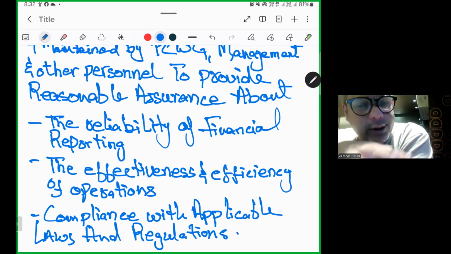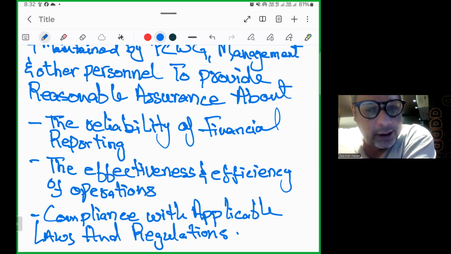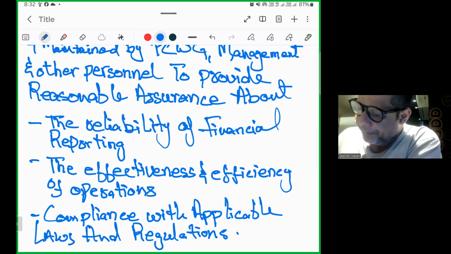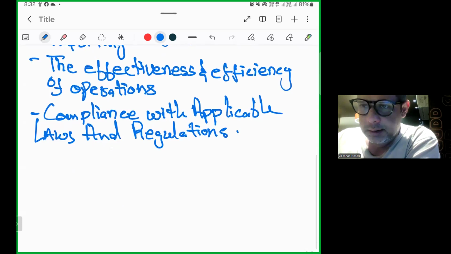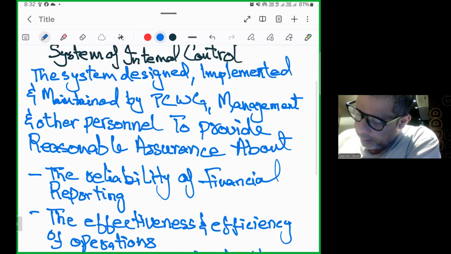So, the key point of understanding the entity's system of internal control is that it is obtained through risk assessment procedures to evaluate each of the components of the system of internal control. Now the question is, what are the components of internal control?